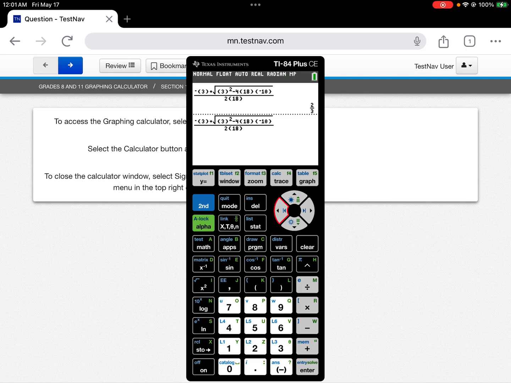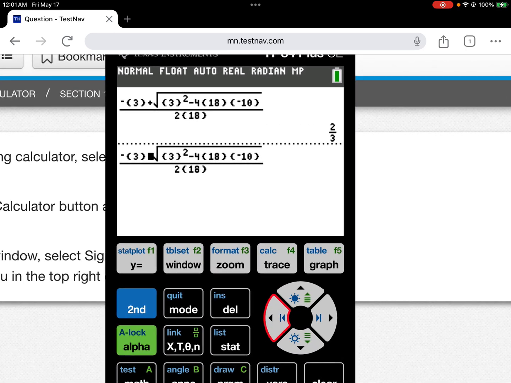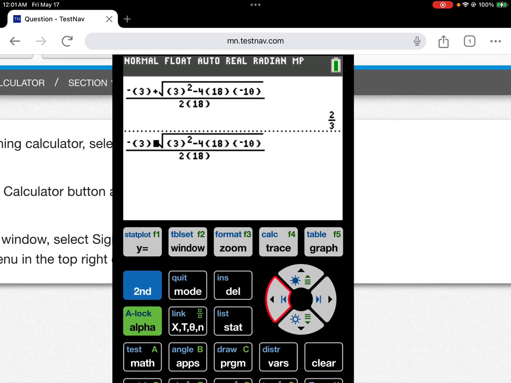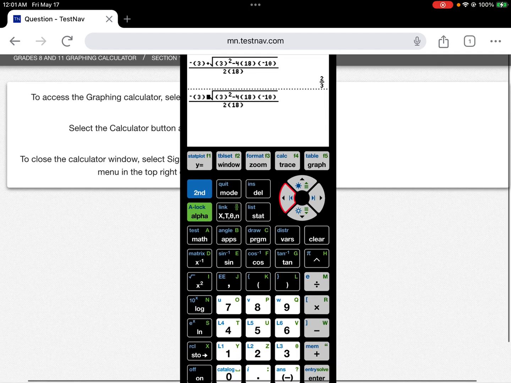It will write over wherever you are. So my cursor is flashing right on top of that plus sign. And so whatever I type in is going to write right over it. It's going to replace that plus sign. And so I'll hit that minus sign.